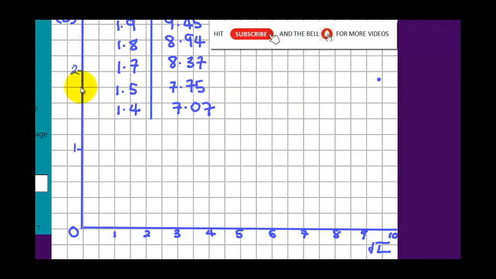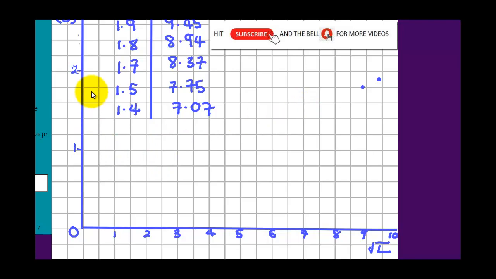So this is 1.8, and I'm going to look for my 8.9. So this is 9. So this is 8.5. So 8.9 is going to be somewhere around here. Okay, so the next one says 1.7 against 8.37.